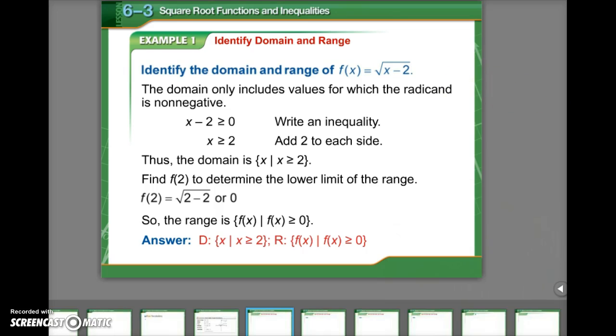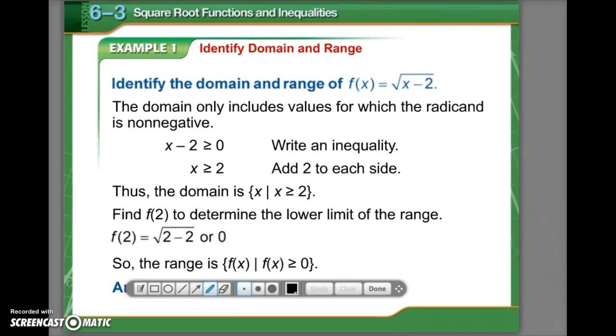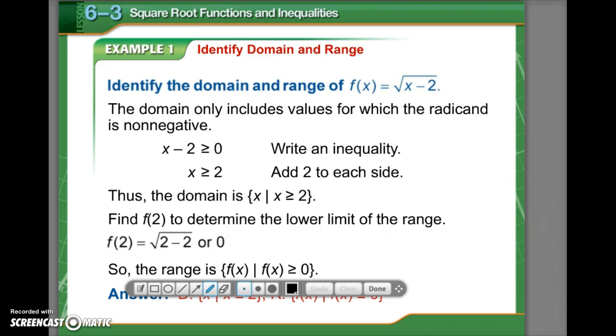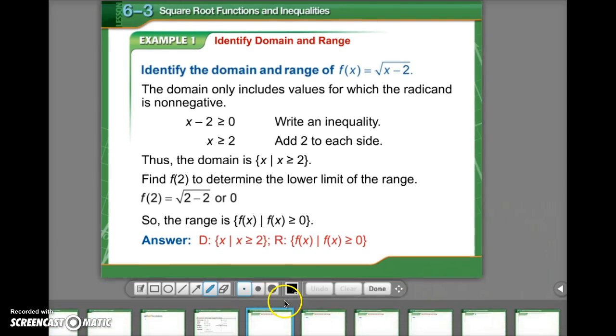And the radicand, this radicand thing, that is the stuff that is inside the square root. So for this problem, it is the x minus 2.